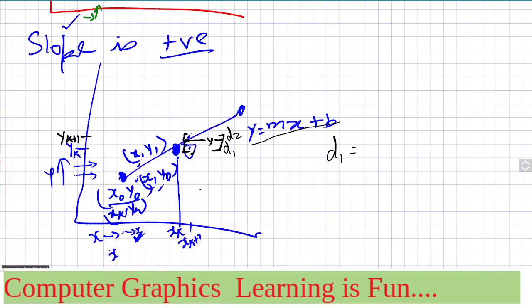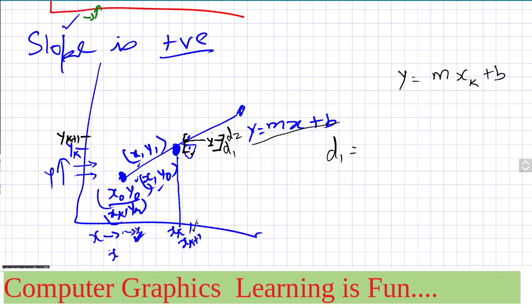Suppose your y is what? Here your y, this one, what will this y be? At position k it was y is equal to mx plus b, right? x was xk.